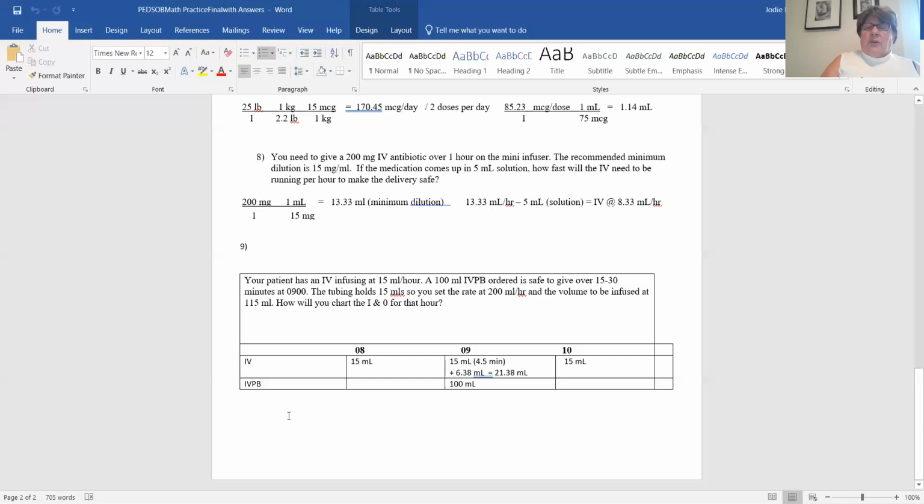So you're going to start with your 15 milliliters and just put that over the placeholder of 1. And then if you have 200 milliliters running in an hour, then you'll put 1 hour over 200 milliliters. And then in the next position, you'll put 60 minutes over 1 hour.